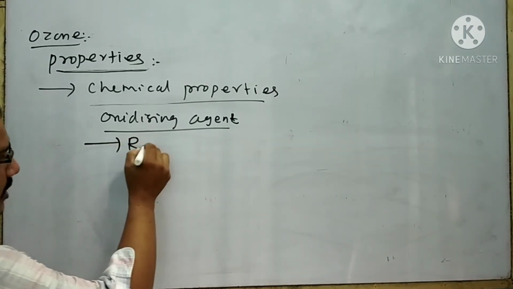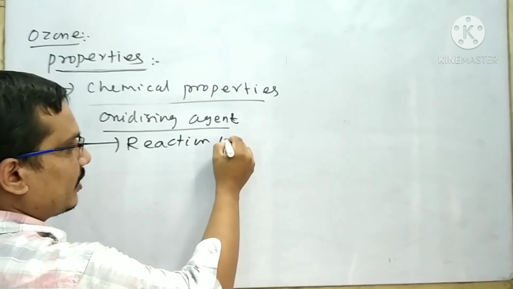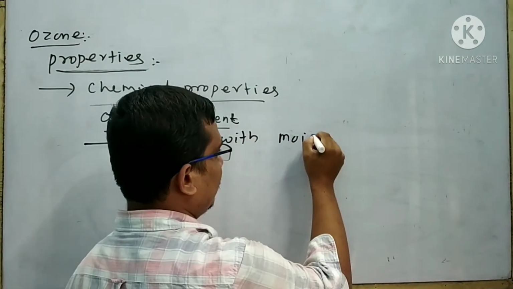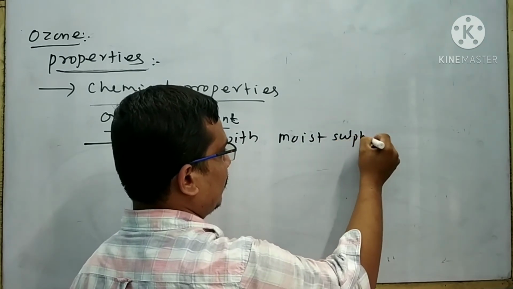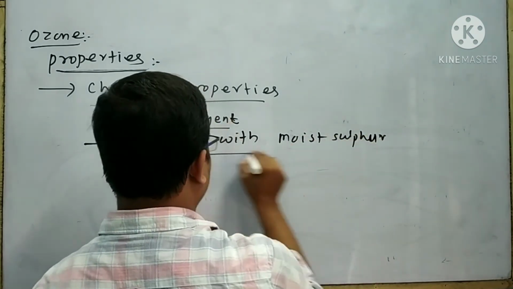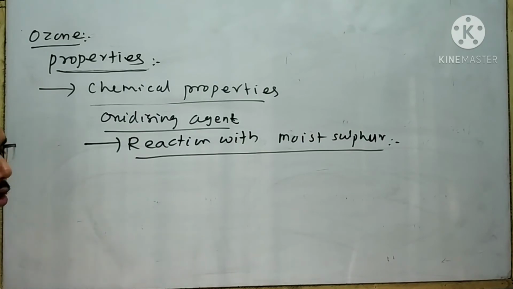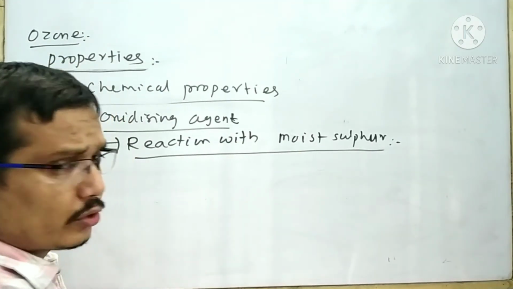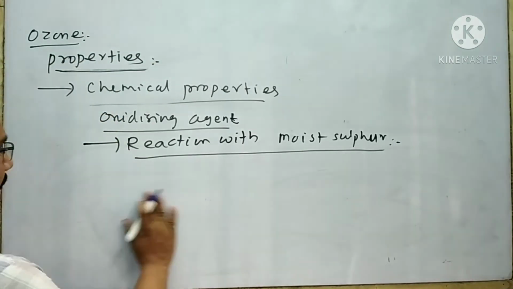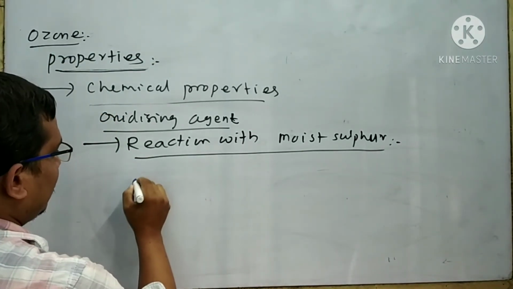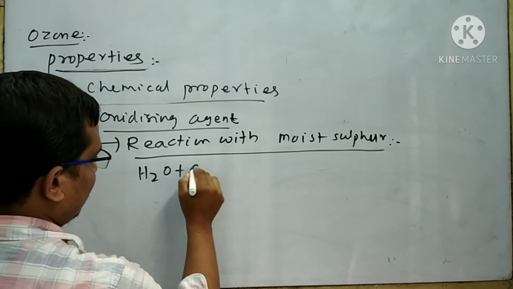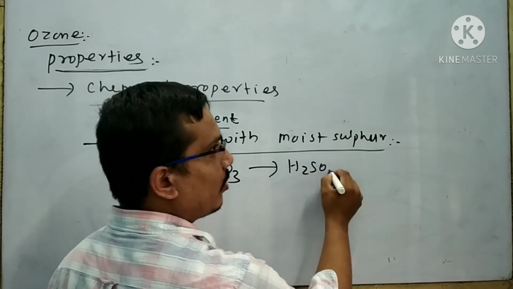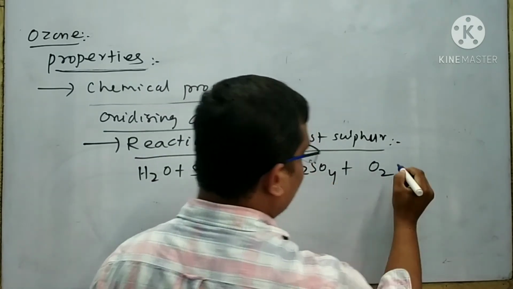Next reaction is the reaction with moist sulfur. Ozone oxidizes the moist sulfur to sulfuric acid. So I can write the reaction like this: H2O plus S plus O3 gives H2SO4 plus O2.